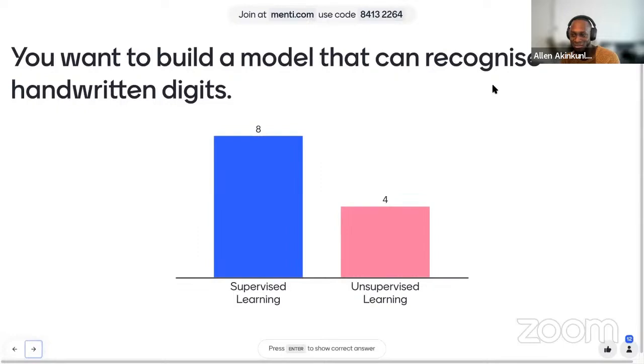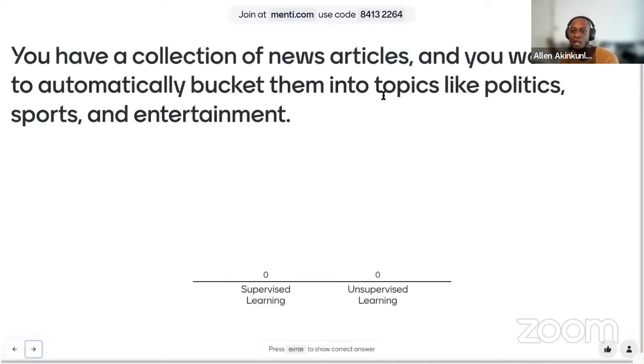It's not unsupervised, right? Because what you want to do is you have a bunch of digits 0 to 9 that's handwritten in different writings, and you want to be able to say, looking at a particular handwritten digit, classify it into one of these 0 to 9 buckets, right? So it's supervised.